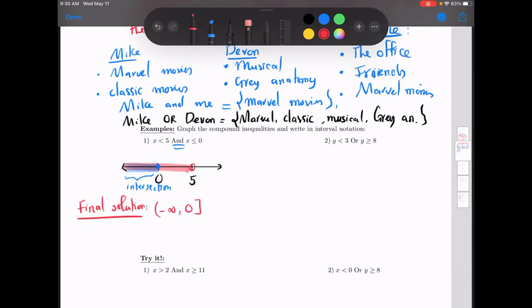That's the intersection between x less than 5 and x less than or equal to 0. So far, so good.